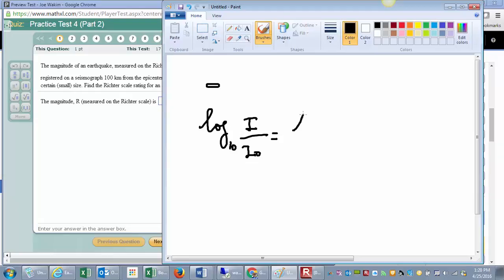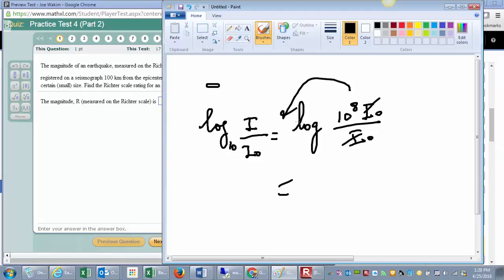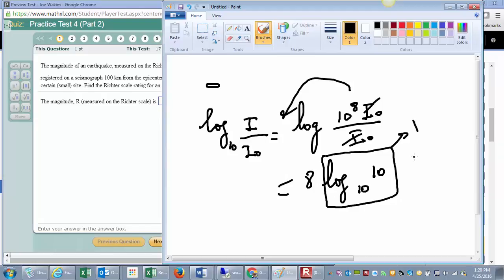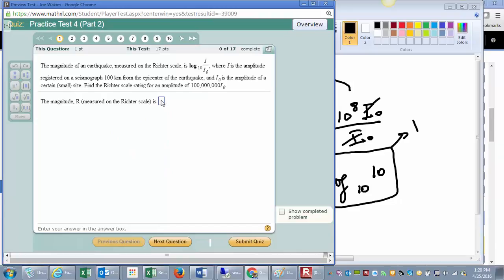Since I is given to be 100 million, which is 10 to the power 8, I0 over I0, so these will cancel, and then we can move the 8 over here, so this would be 8 log of 10 base 10. Log of 10 base 10 goes to 1, and therefore this would be 8. So the R would be 8 for the first.